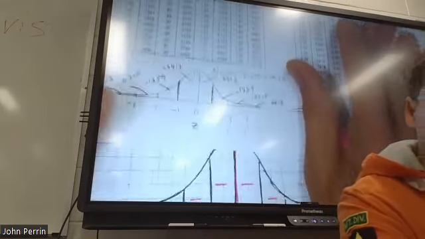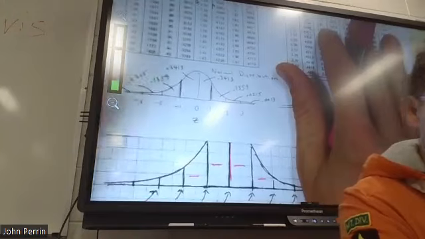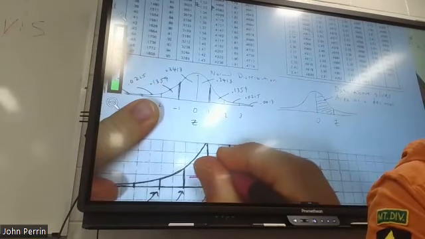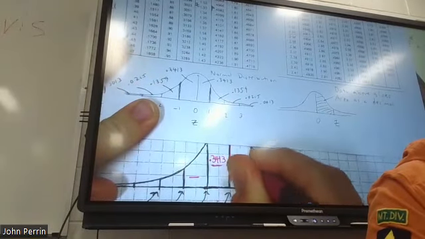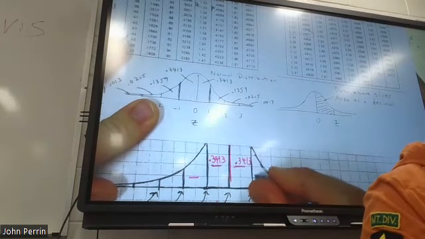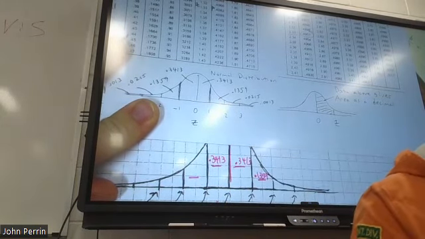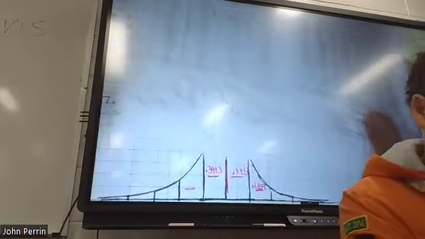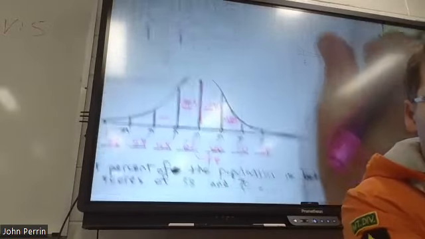Those are the numbers we're looking for. So this is 0.3413, 0.3413, 0.1359, and so on.